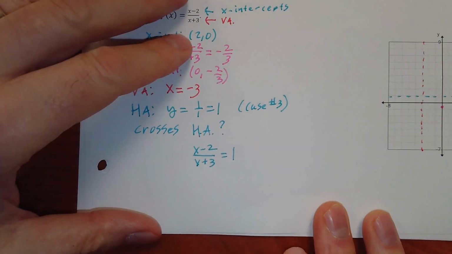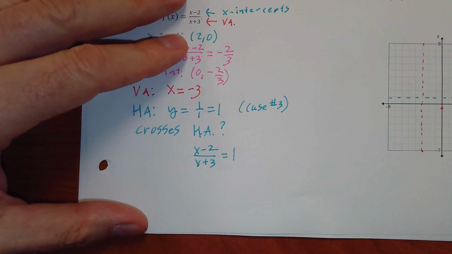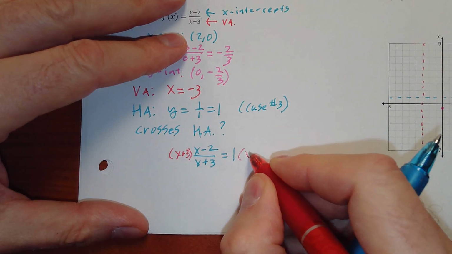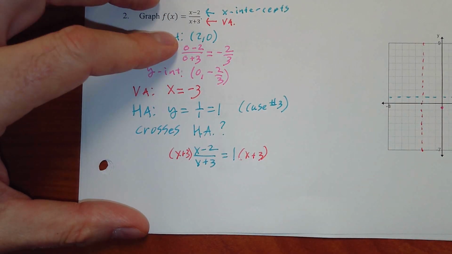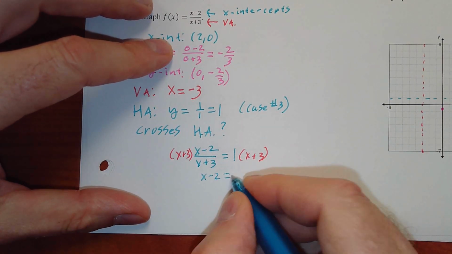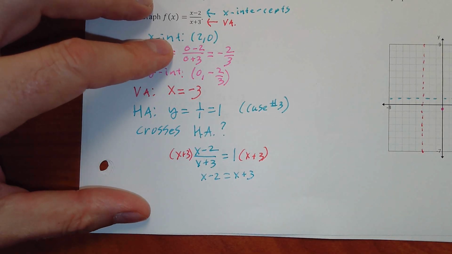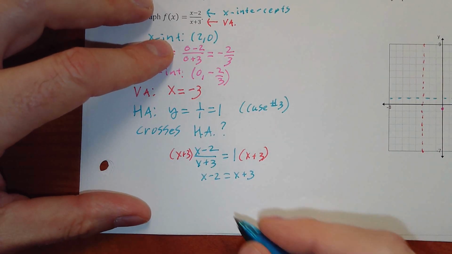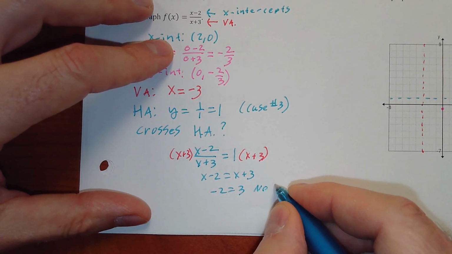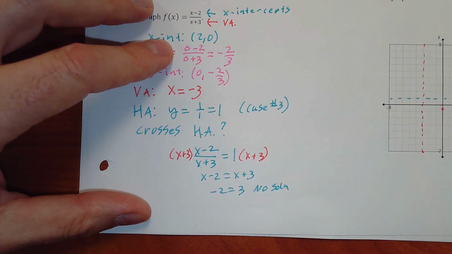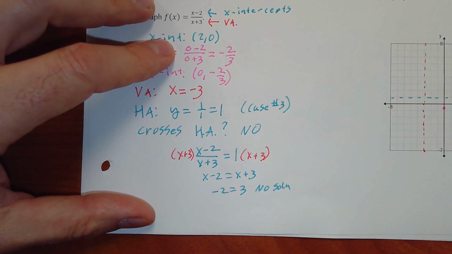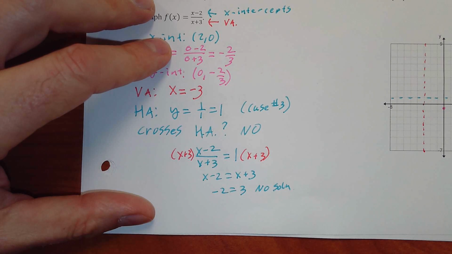My LCD here is x plus 3, so I'm going to multiply both sides by x plus 3. That will give us x minus 2 equals x plus 3. However, if I subtract x from both sides, I get negative 2 equals 3, and that's no good. So no solution. So it does not cross the horizontal asymptote, so that's going to be a no.